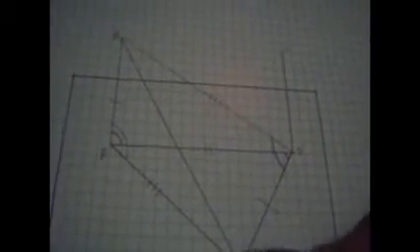EDA, that would be this one. So those angles are equal. But the angle ABE is right. Therefore, the angle EDA is also right. Therefore, ED is at right angles to AD.